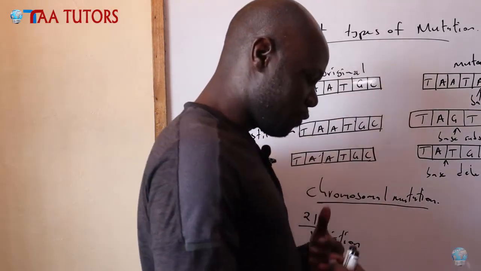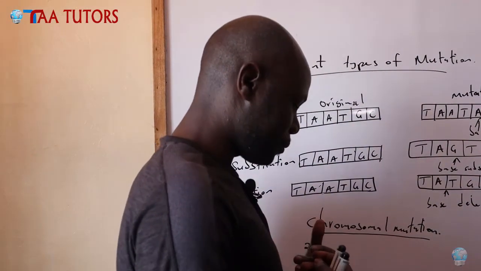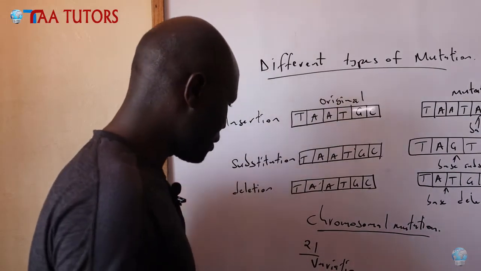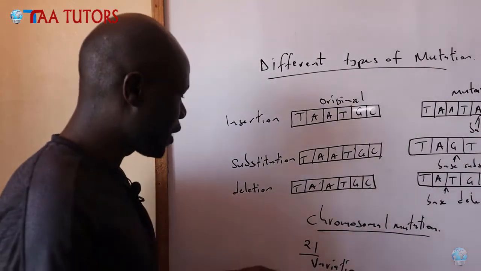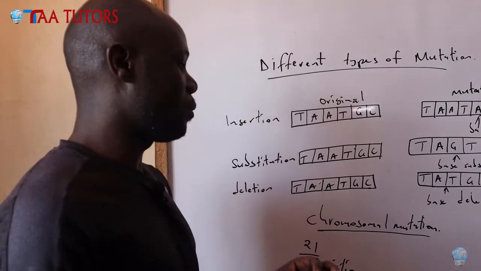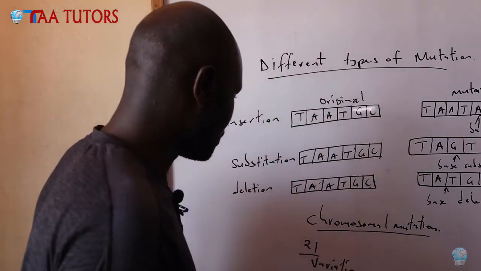So we have the conditions that can bring in this change, and some of these changes can be an advantage to some organisms. If they enable the organism to adapt well in the environment, they can increase the reproduction of the organism.